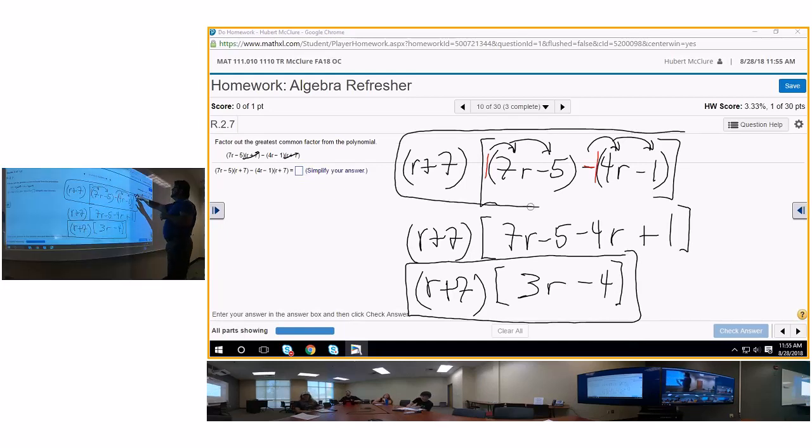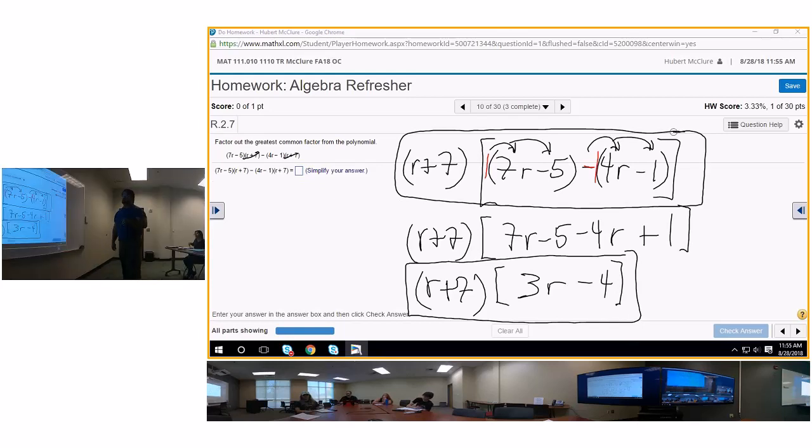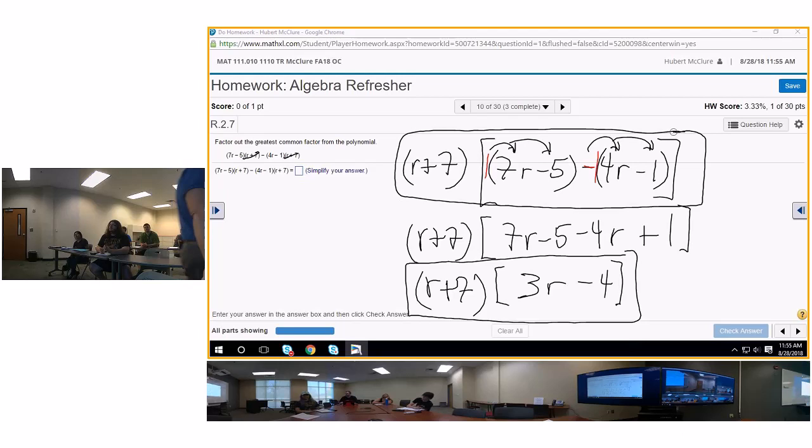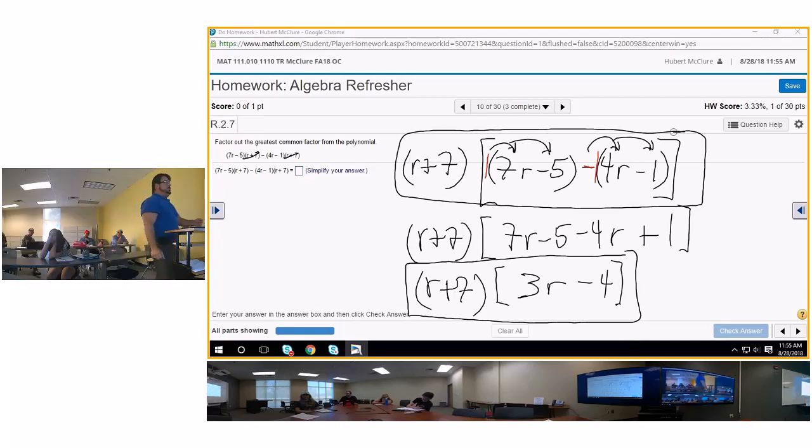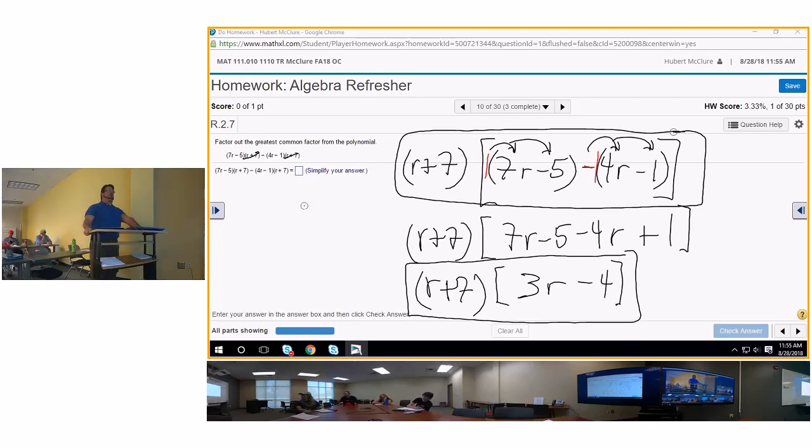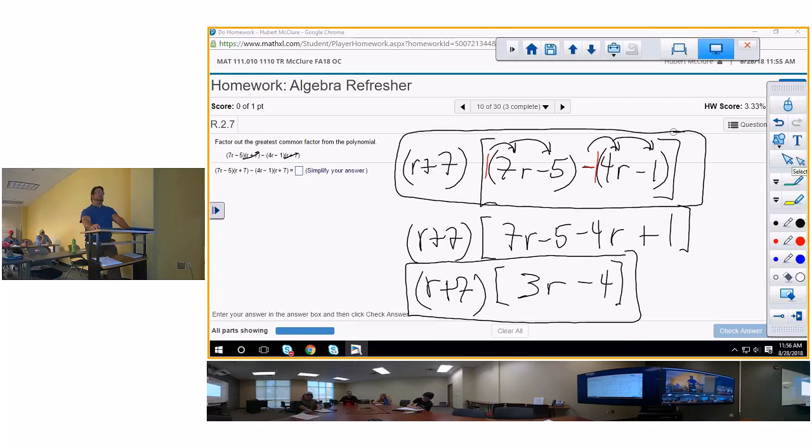So we'll just see what the answer says. It says simplify your answer. Now, to simplify means to redistribute? No. Usually when you're distributing or factoring out, you're not going to distribute back in. But there are some non-teachers that write the answers for these things. So you may get a crazy answer.